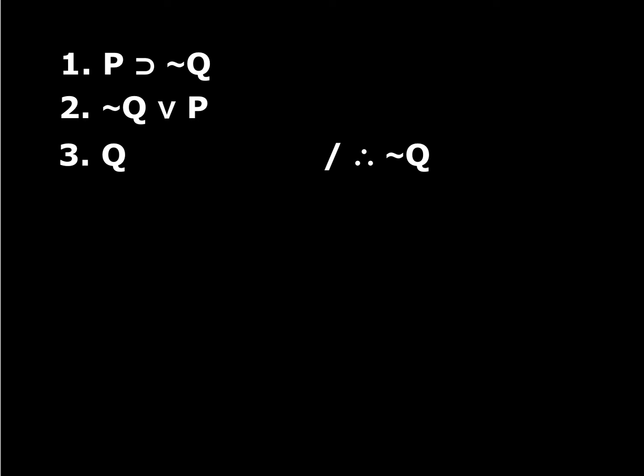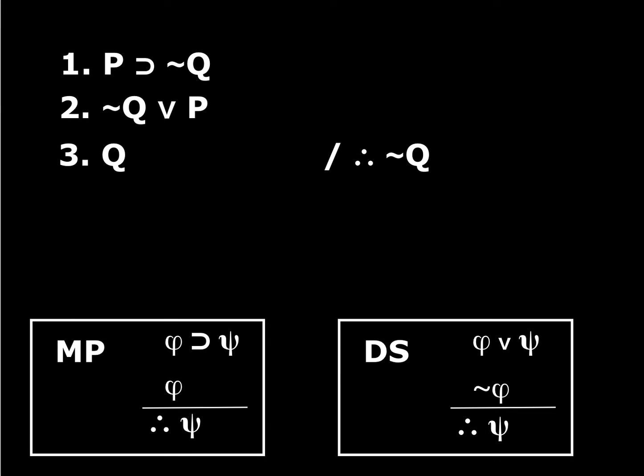Okay, let's do another proof. So here we have three premises, and the conclusion is not Q. We only have two rules so far, and I'm going to write these rules down here. And we're just going to apply the rules up here. The goal is to derive not Q. So is there anything that we can see where we can derive this?